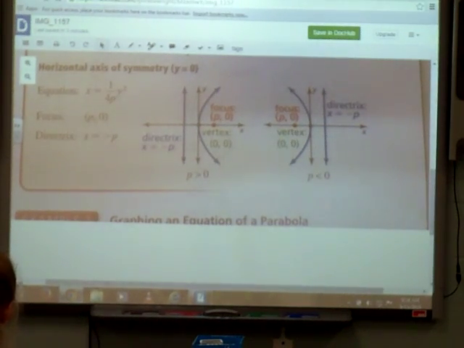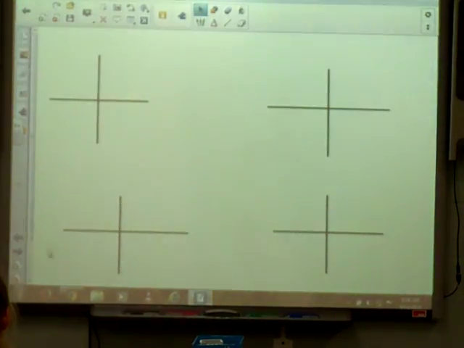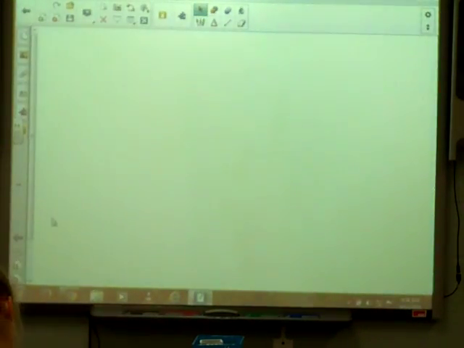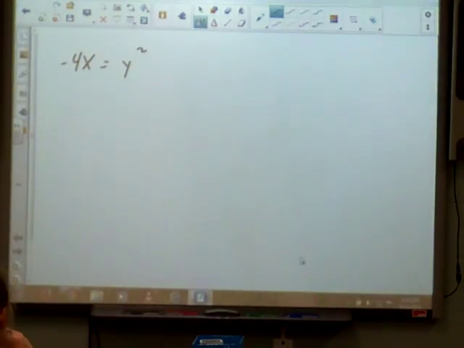Anybody else not done yet? All right, so you've got that in your notes to look at as we're working problems and answering questions about this stuff. Let's say I've got an equation that says negative 4x equals y squared.